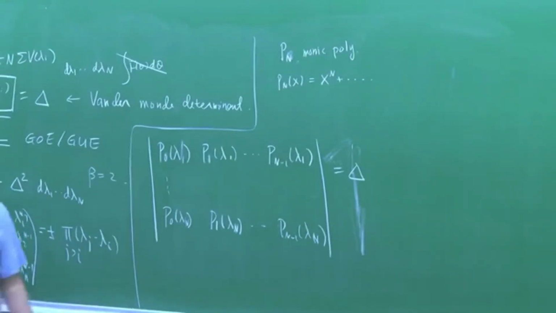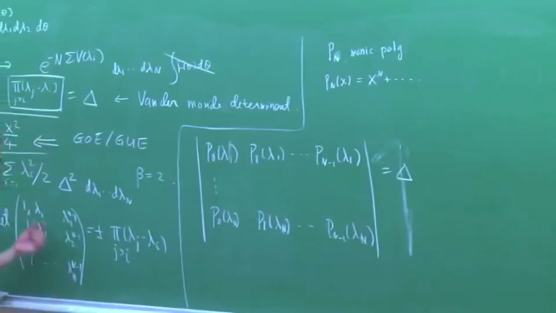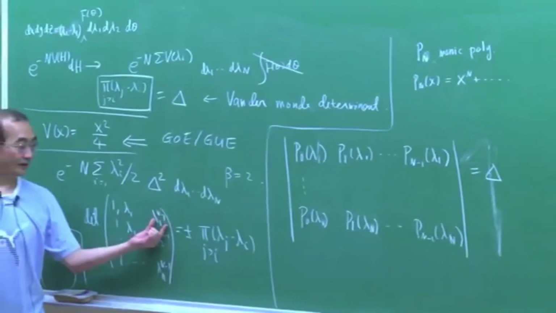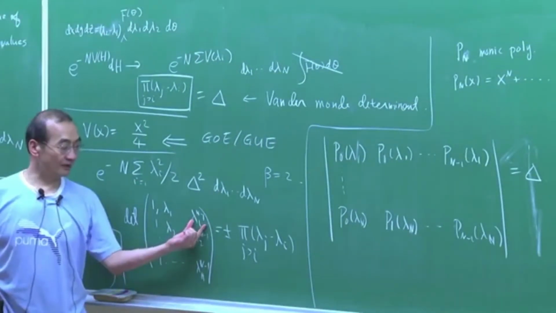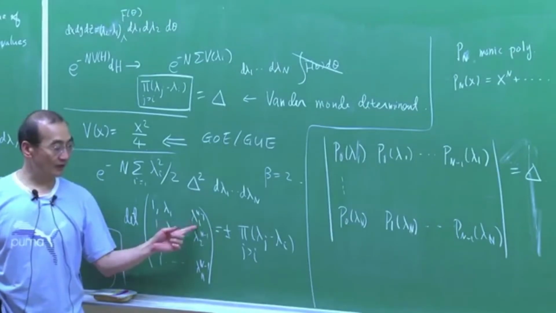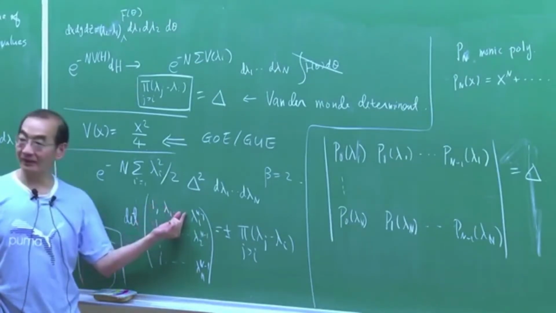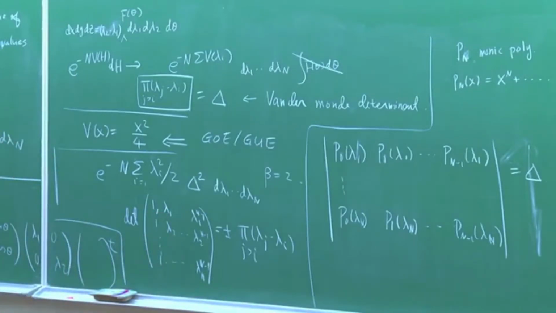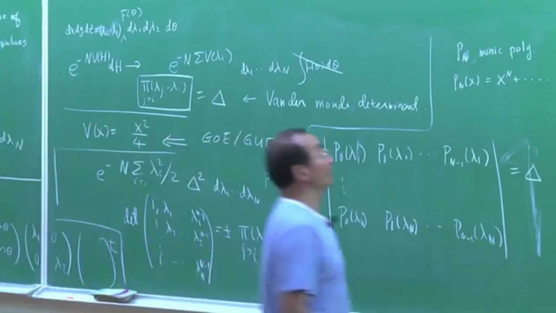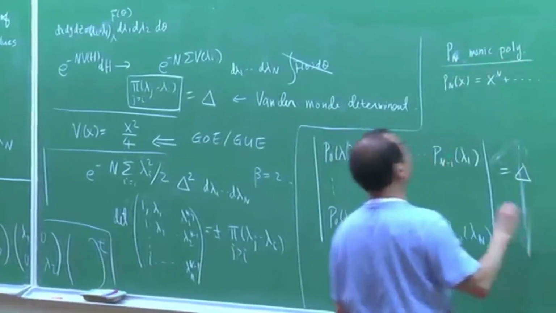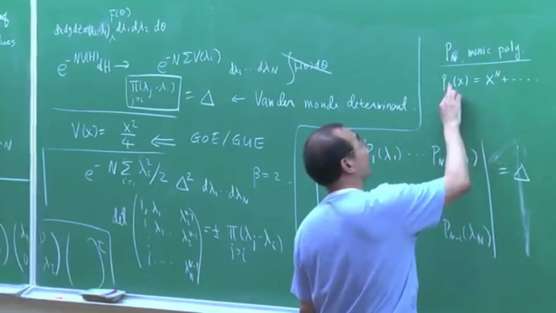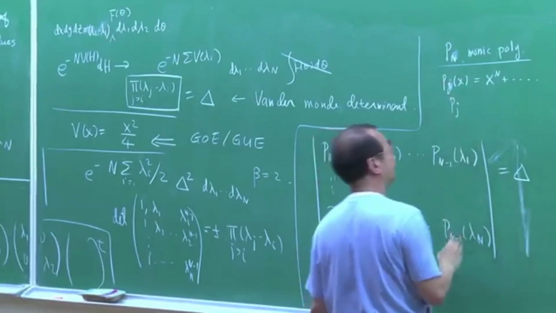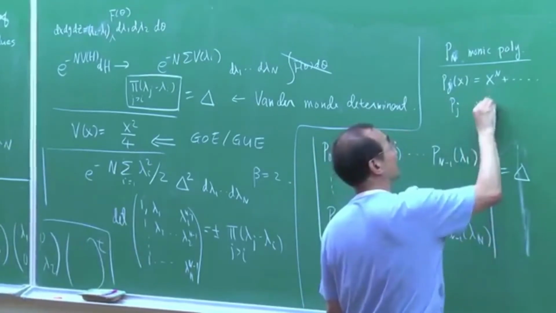So that's why you can change to any polynomial as long as the leading coefficient is 1. And then you can do the same thing with the next one, and one by one you can do it. So now, instead of using monic polynomials, you can also say these Pj are orthogonal polynomials.